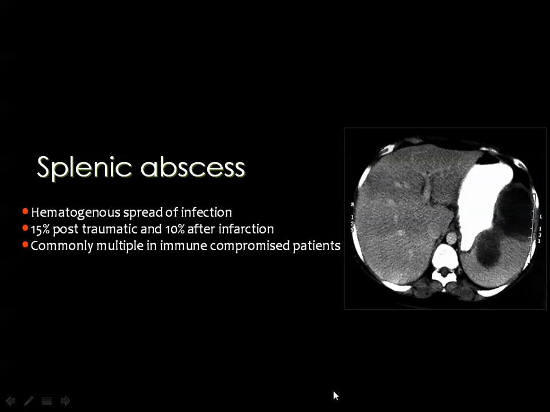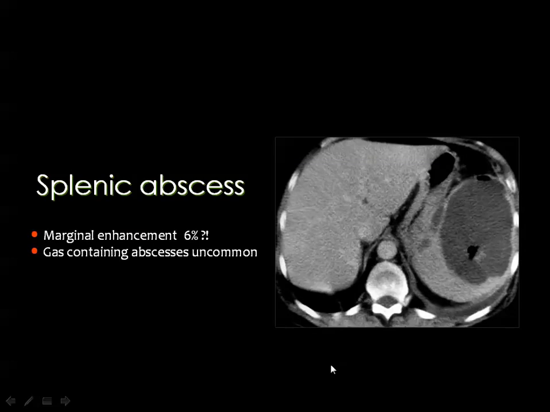Then splenic abscesses are also similar to those of the liver. They are fluid containing lesions, and whenever you inject contrast media, you get marginal enhancement. And sometimes you can detect air inside the lesion, and this is one of the diagnostic criteria to help you put the possibility of an abscess.